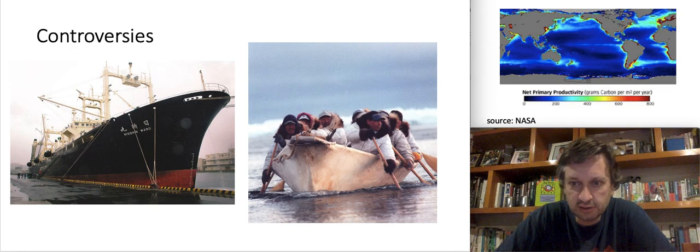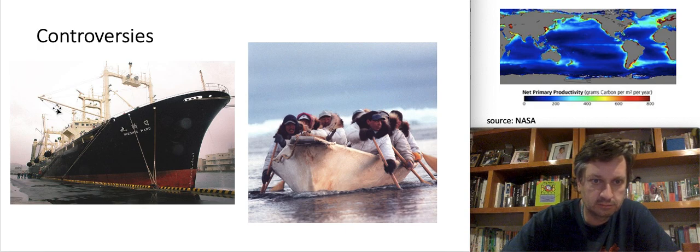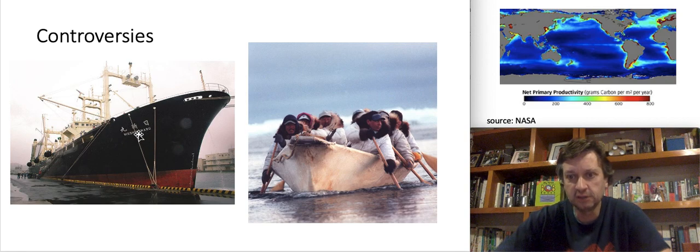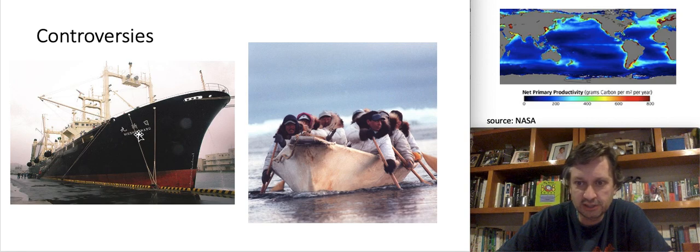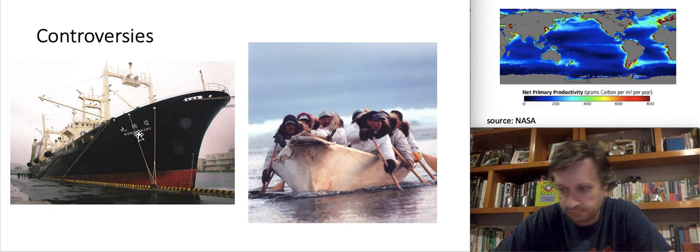The controversy there is that some countries decided to ignore it to a larger or smaller extent. Most famously, the Japanese continued to whale. This is one of the largest whaling ships in the world, from the Japanese whaling fleet. The Japanese decided to just basically ignore the moratorium and continue whaling under the pretense that it was for scientific research.